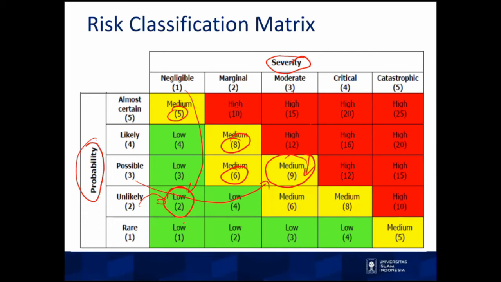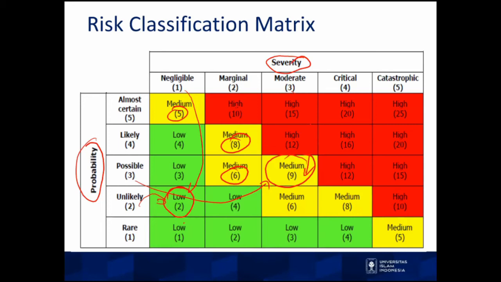is considered as having a high risk, and is represented by a cell with red color. We divide into 3 different colors: green, yellow, and red.